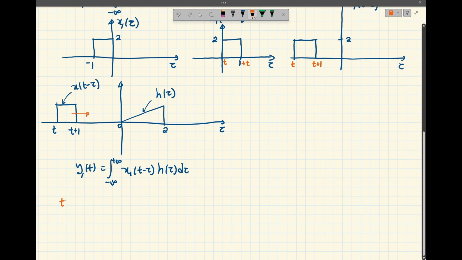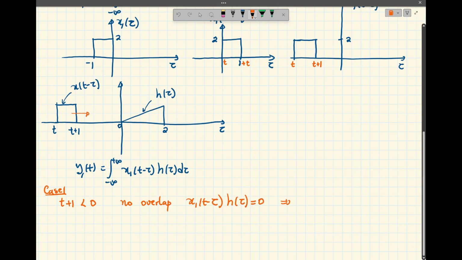So when t plus 1 is less than 0, let's say case 1, then there's no overlap of the two graphs. So x1 of t minus tau times h of tau is equal to 0.